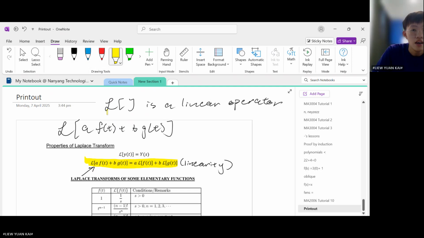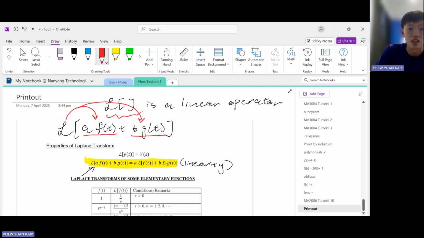f and g are time dependent functions. a and b are just constants multiplying f and g respectively. We say that the Laplace transform is linear. What that means is I can distribute the Laplace transform to the first term and the Laplace transform to the second term.